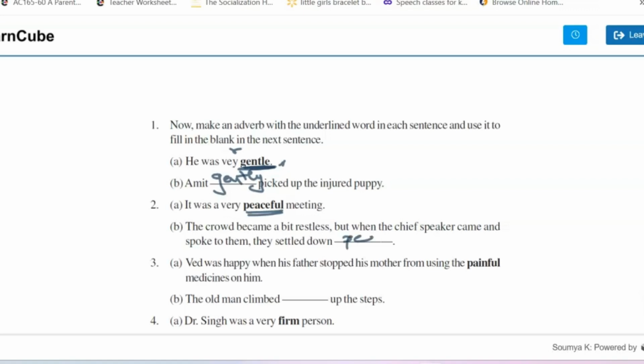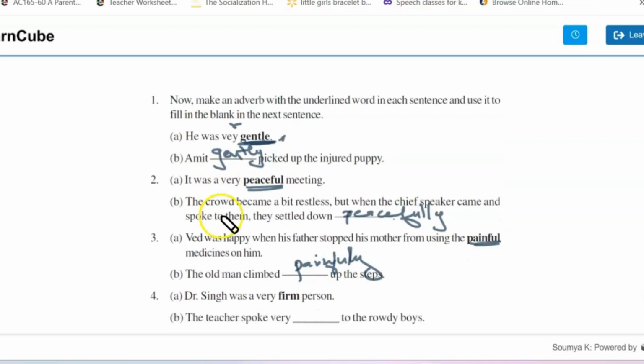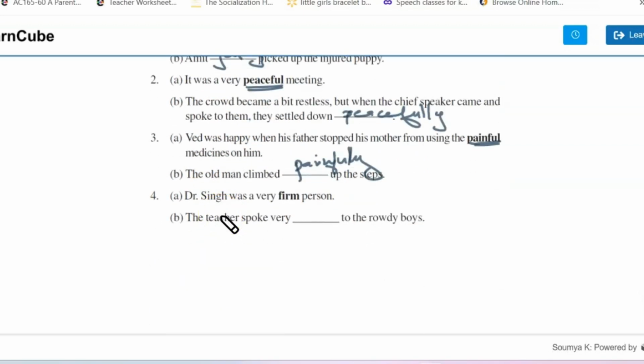Next one is Ved was happy when his father stopped his mother from using the painful medicines on him. The old man climbed painfully up the steps. Dr. Singh was a very firm person. The teacher spoke very firmly to the rowdy boys.